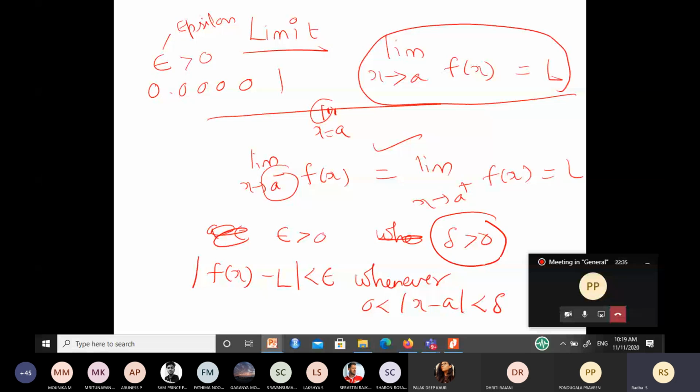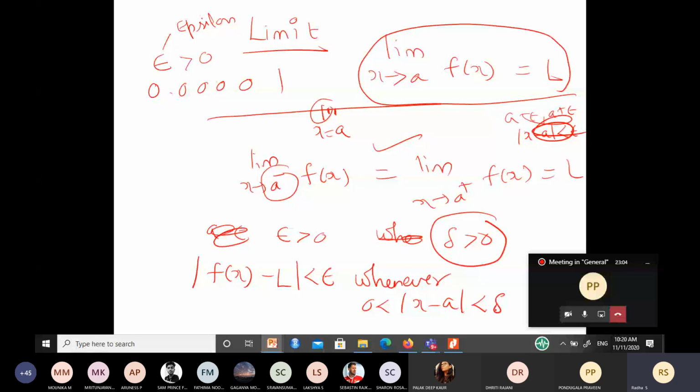Whenever this is happening, I am taking only a minus epsilon and a plus epsilon, right? So what is a minus epsilon and a plus epsilon? Shall I write like this? Modulus of x minus a less than epsilon, okay. So modulus of f of x minus L less than epsilon whenever 0 less than modulus of x minus a less than delta.